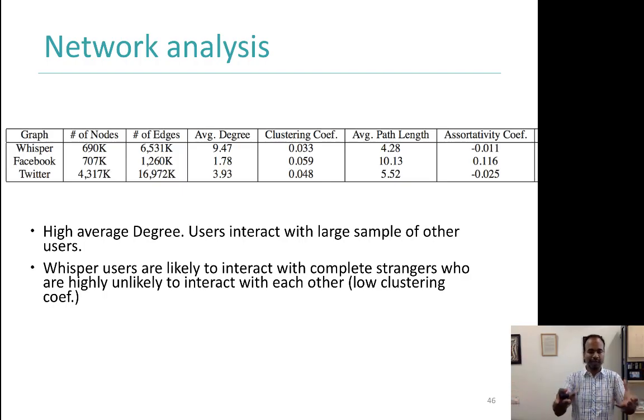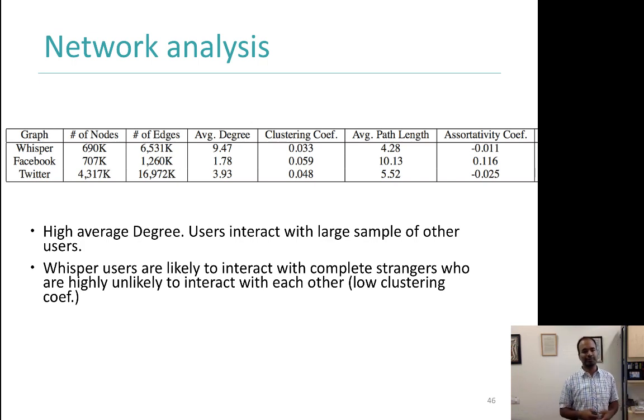Meaning, if you compare it to Facebook or Twitter that we talked about, the interactions are much more closely connected. It's mostly with the followers that you have, or people who mention you, or the hashtag that you are interested in. On Facebook, it's mostly your friends.